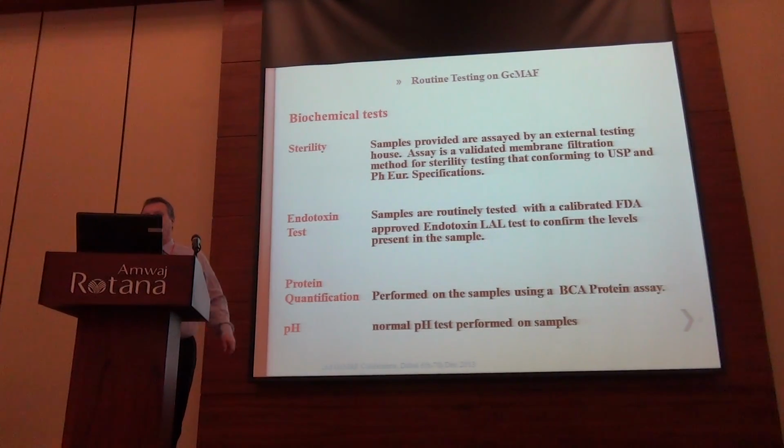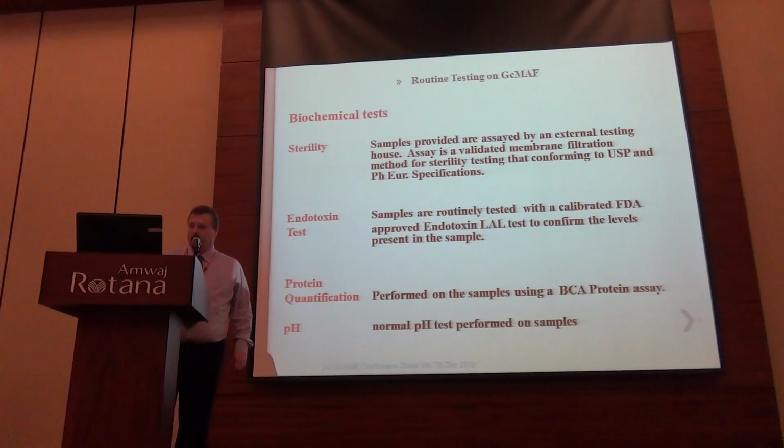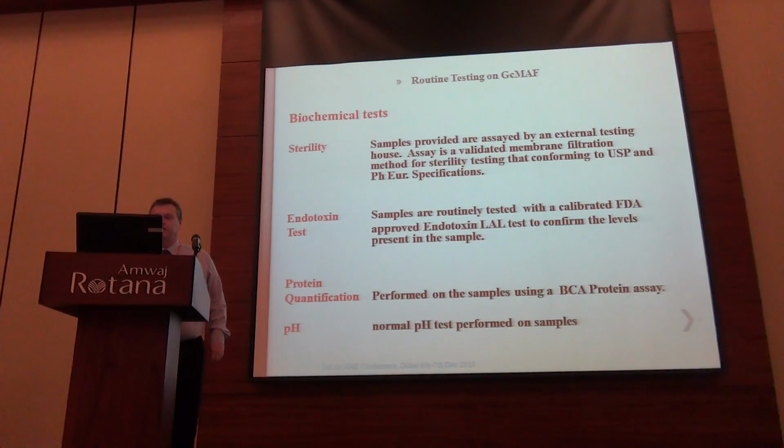We do sterility. We commissioned an external lab to look at a sterility assay for ourselves, and that meets the European pharmacopoeial standards and the United States pharmacopoeial standards as well. One of the most important things is to make sure there's no endotoxin present. Endotoxin is a measure of bacterial contamination. We use an in-house FDA-approved system which is calibrated.